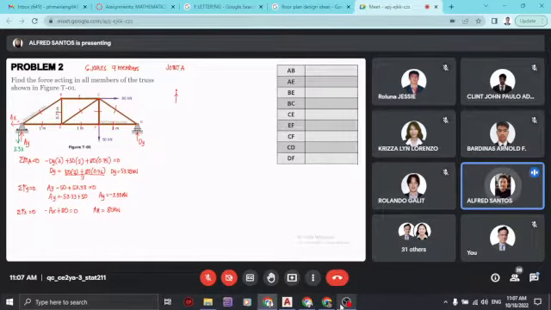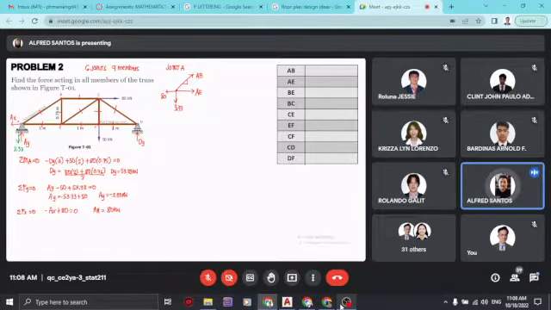Kay joint A, ito yung mga forces natin, baliktad. Pababa si 3.33, and then this is your 80. And then nandito si AB, and nandito si AE. Okay. I-assume ulit natin na si AB and si AE are both in tension.